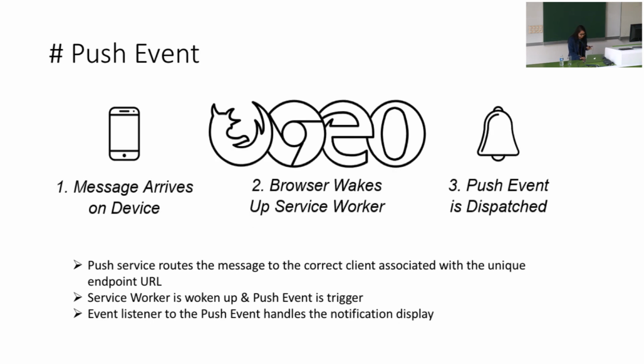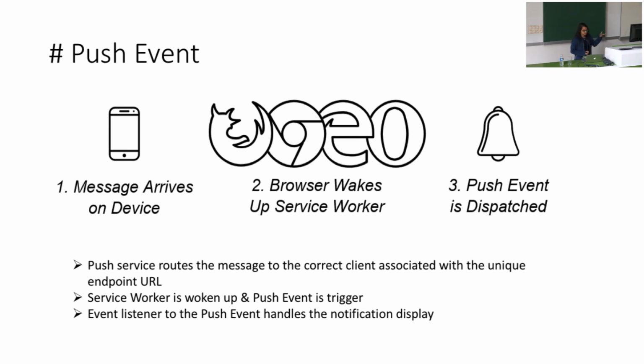At the client side, with the service worker, once you receive a push notification, a push event is fired, and you can handle how you want to display that message to the user.